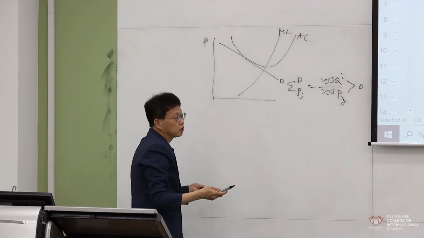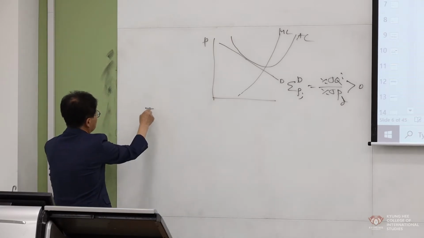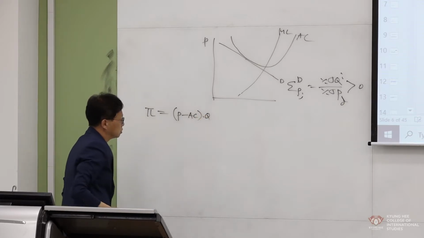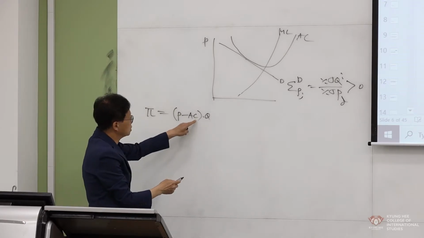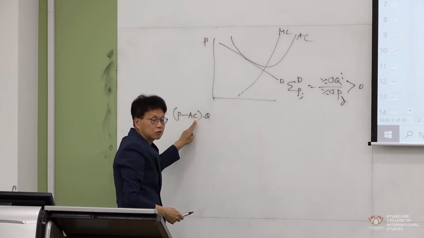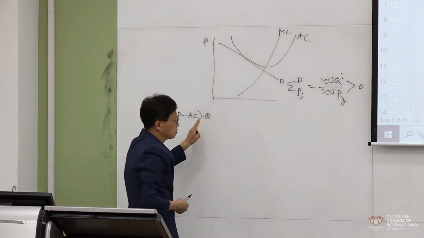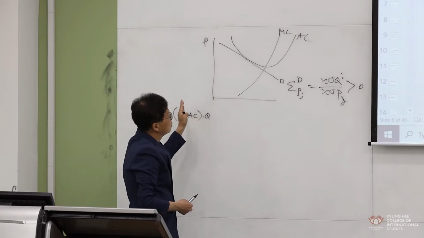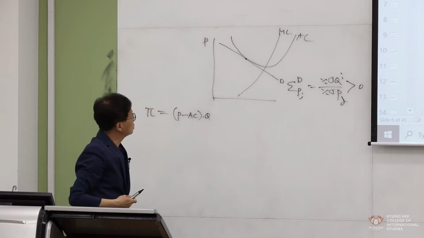And we know that because of free entry and exit, long-run profit is equal to zero. What is profit? Profit is equal to price minus average cost, multiplied by Q. Okay? And long-run profit equal to zero means price equals average cost. Right? Price is the demand curve, isn't it? Price equals average cost at the profit maximizing quantity, where marginal revenue is equal to marginal cost. So we know that at this point, price equals average cost.